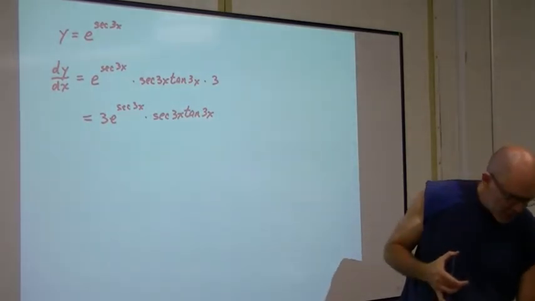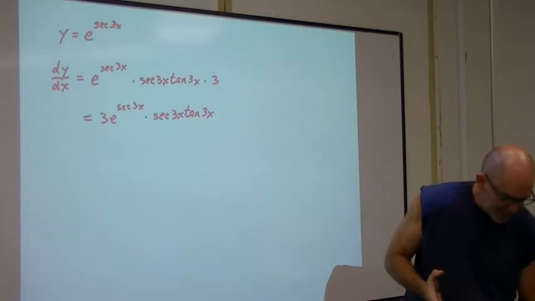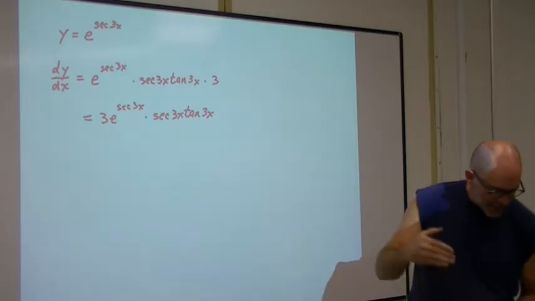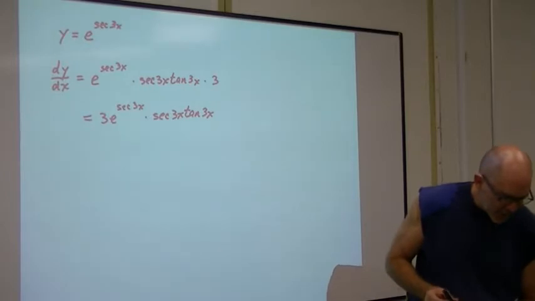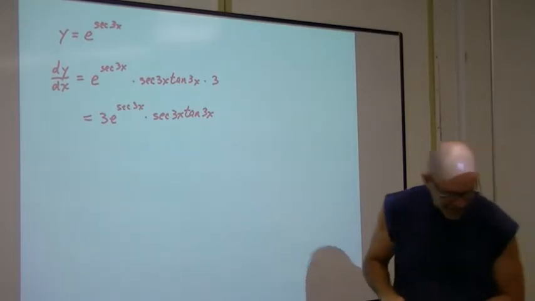Okay. So, lastly, we have another chain in a chain in a chain. So we've got f of x equals sine of cosine of tangent x.